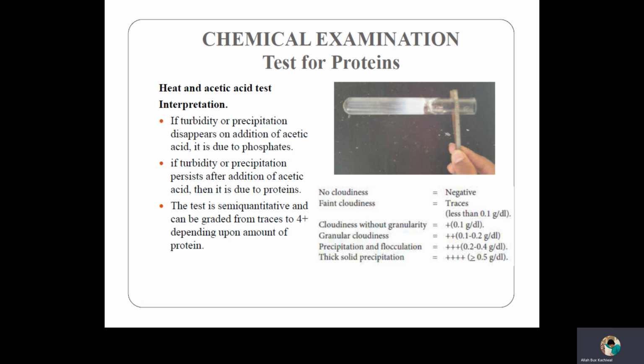Precipitation and flocculation is plus 3, 0.2 to 0.5 grams per day, whereas thick precipitation is plus 4, more than 0.5 grams per day.